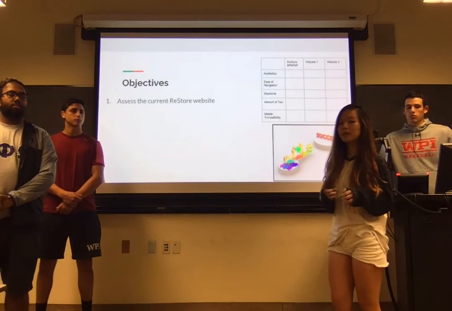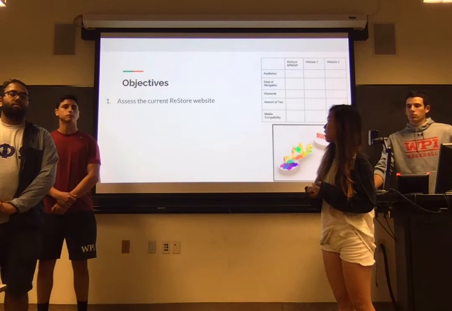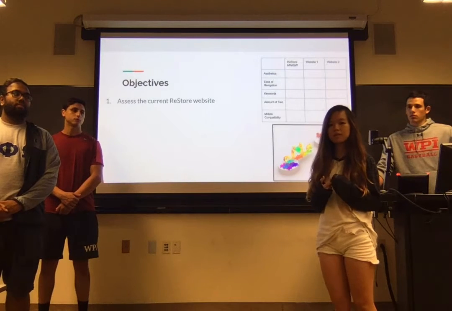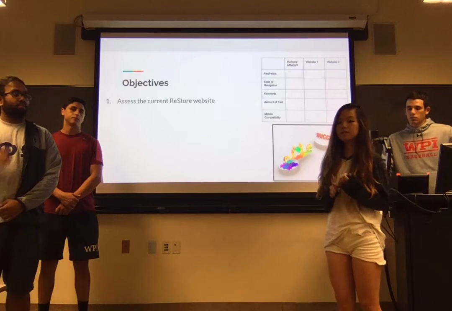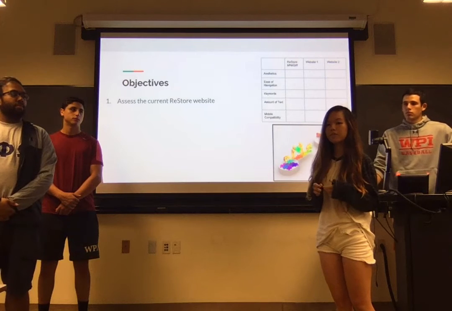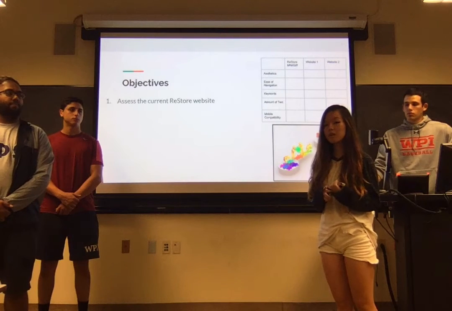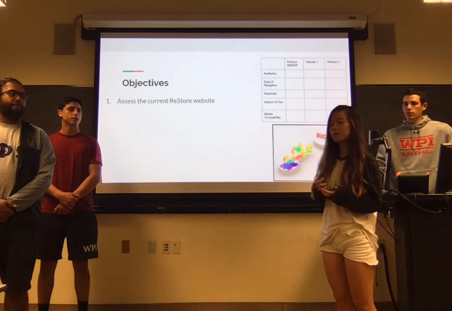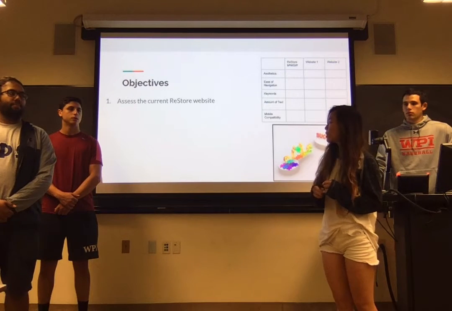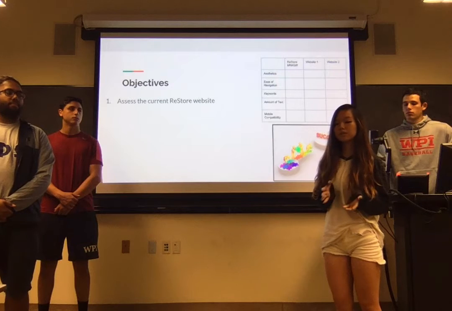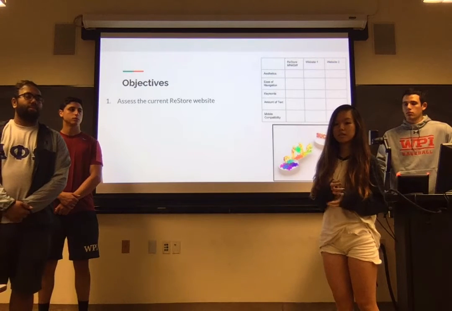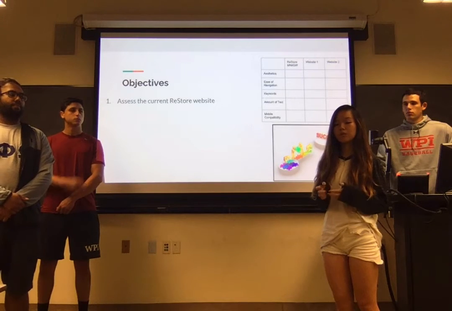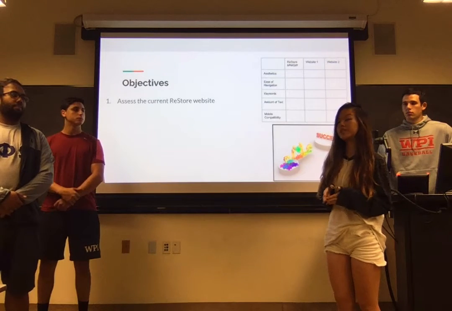To gather opinions on the current Restore website, we will first assess the website by ourselves, and then we're going to conduct interviews and surveys with the staff who work at the Restore and are used to using the website. We'll also do a focus group with volunteers and donors, and if necessary, a one-on-one interview with them to gather more information.